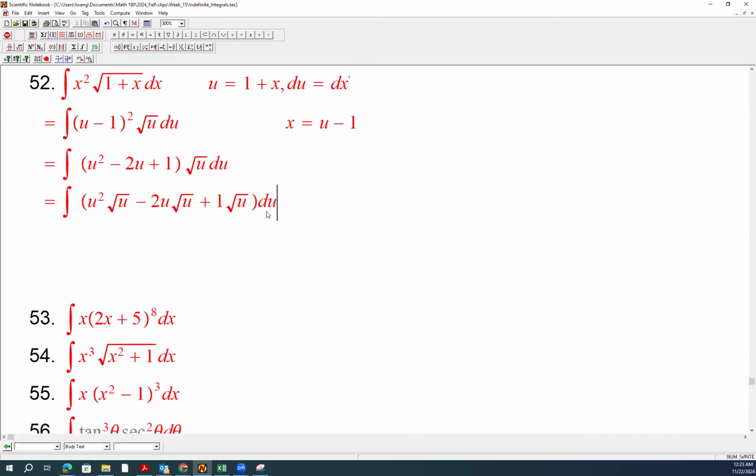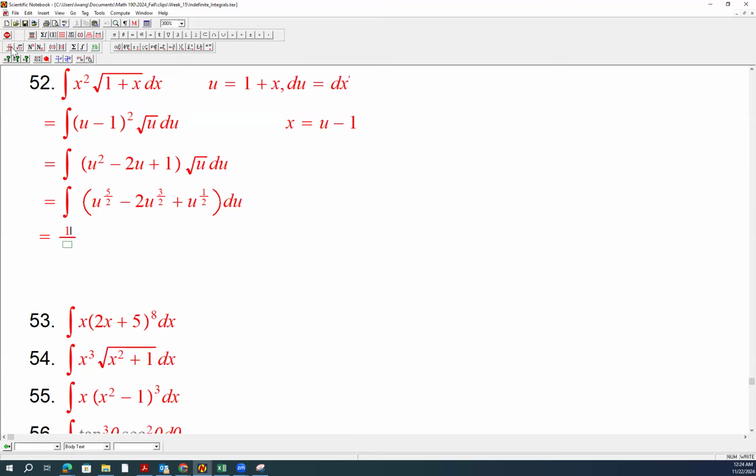And of course, this is u raised to the power of 5/2, and this is u raised to the power of 3/2, and this is u raised to the power of 1/2. Yes, it does get to this place. And then you're going to find the antiderivative, one by one.